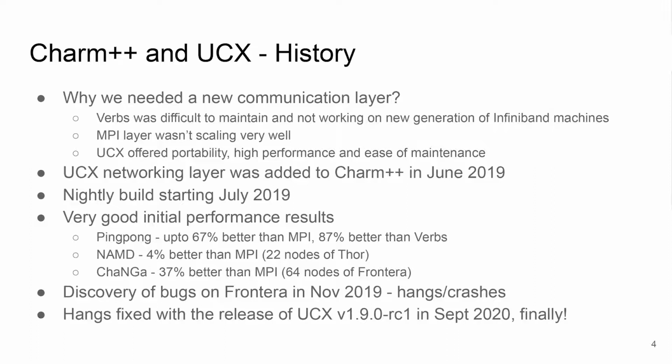And since then, we were involved with a lot of debugging efforts of these bugs that we saw on Frontera, and they were finally fixed in September 2020 in UCX 1.9.0. It was fixed in the release candidate, and we saw it rolled out in the release. But earlier this year, we could use the master branch, and our application teams could get on with testing and development.